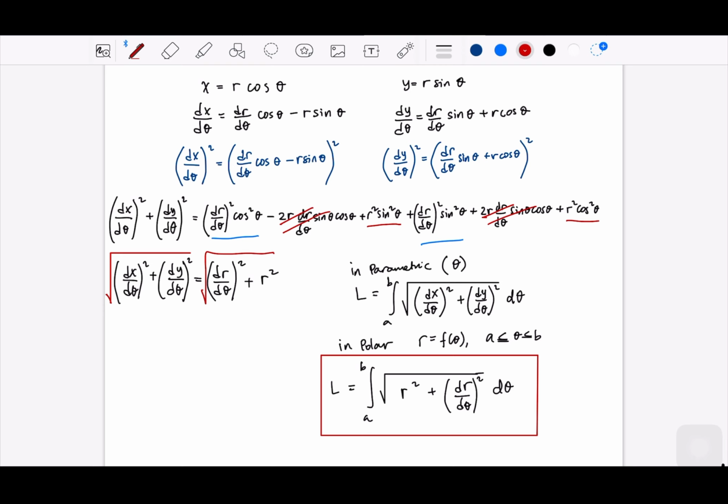And the same thing for tangent. We start from our conversion xy. We find dy over dx through that dx d theta, dy d theta. Pretty similar. But what we are going to do is we just change from the parametric that we have to polar.